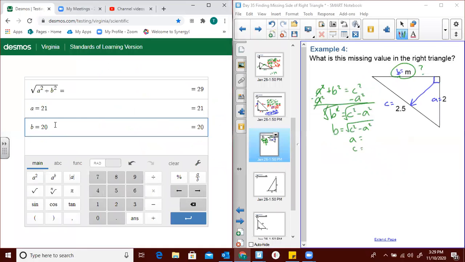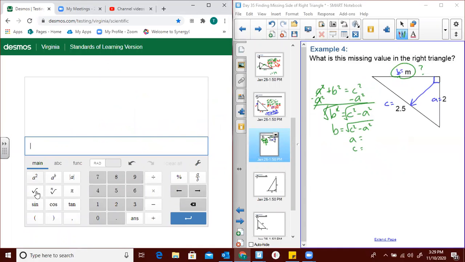Clear out your Desmos all the way on this one. And look, I'm going to use a square root. I'm going to say C squared, because I know what C is, minus A squared. Press right equals, you don't even really have to hit equals, I'm just doing it because I can. A equals and C equals. So what did we say A was?